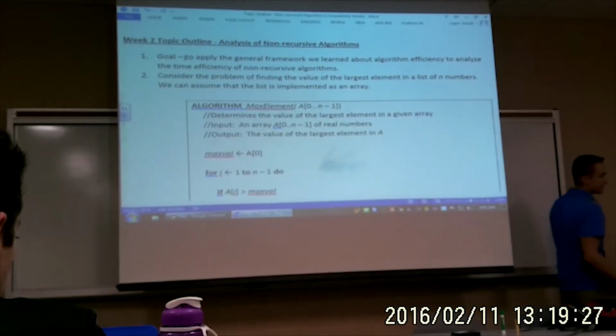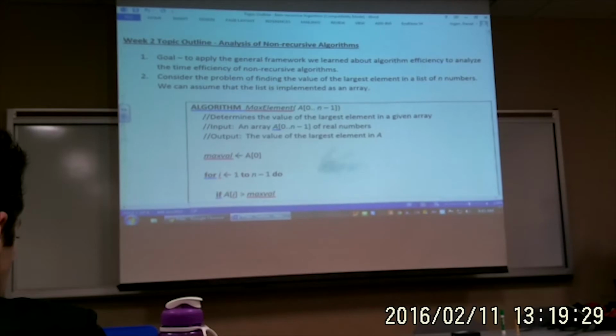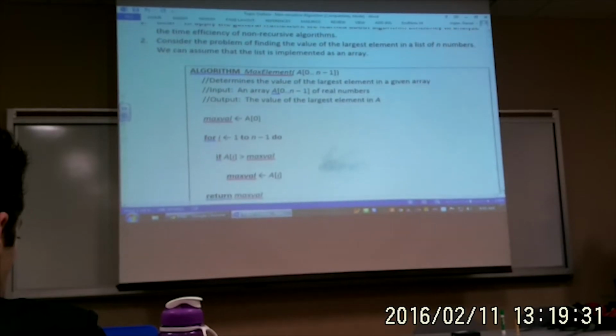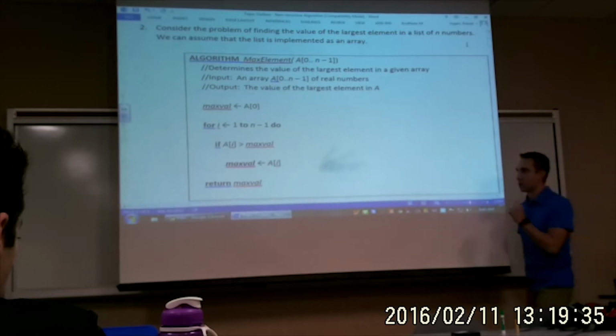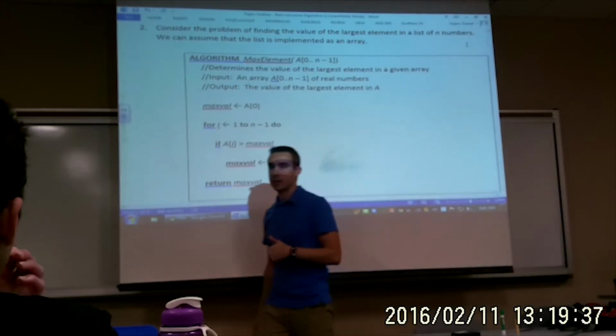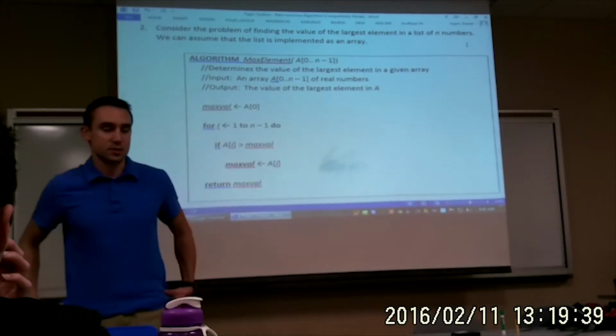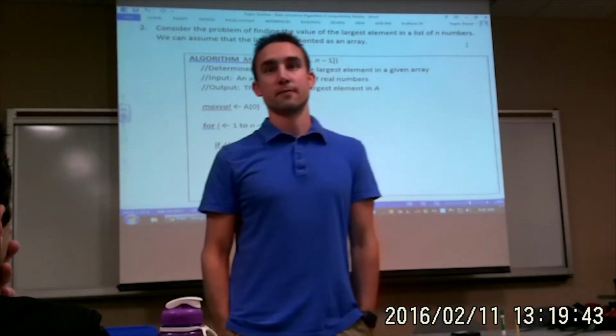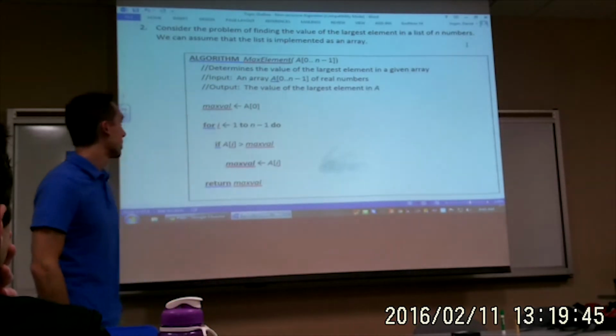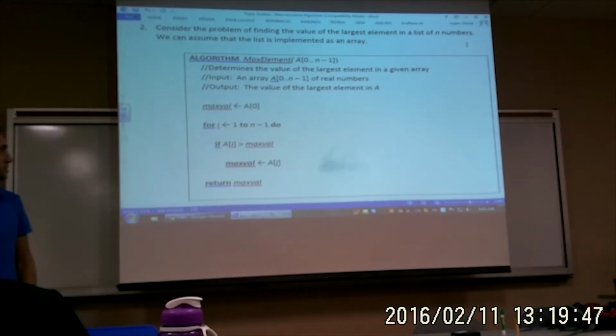All right, so look at this algorithm right here. This is the first time we've seen this sort of pseudocode, so I want to just walk through how to read it. There are lots of different pseudocode syntaxes. This is the one that we'll be using this year. It is relatively straightforward.